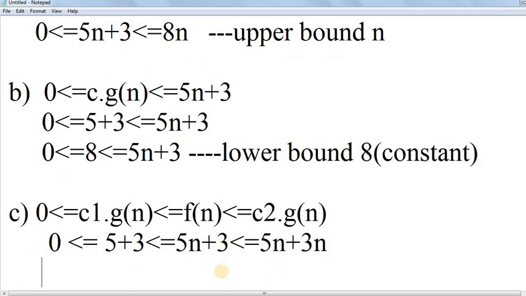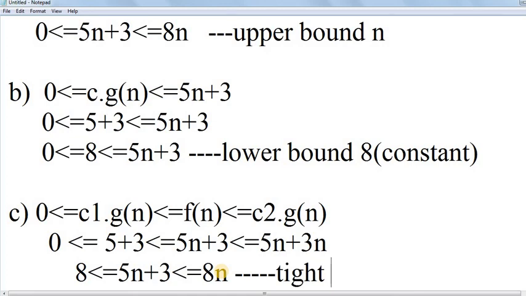I hope your thinking is correct. So meaning is it will be less than or equal to 5n plus 3, which is less than or equal to 8n. So I have reduced the tight bound as n in this case. Okay, this will give us the average case time complexity.